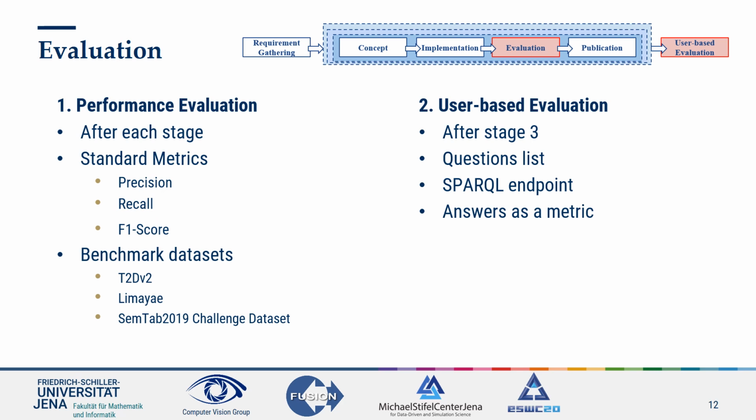We will hold it at the very last stage of the project by preparing a questions list where the metric is the retrieved answers. Such kind of evaluation assures the existence of the information inside the resultant knowledge graph.